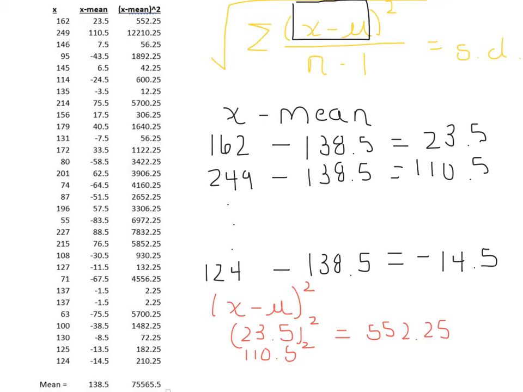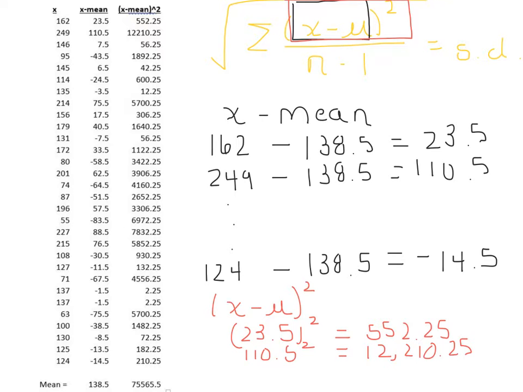I squared it, and I got 12,210.25. And I continued to do that for all 30 deviations from the mean. That gave me each of these values, the x minus mean quantity squared.